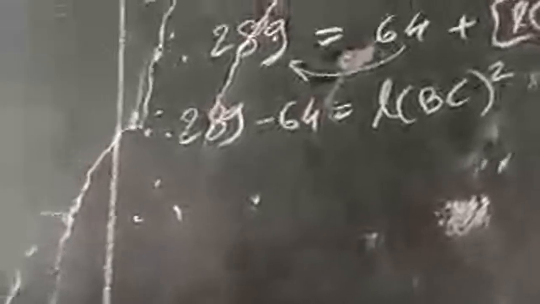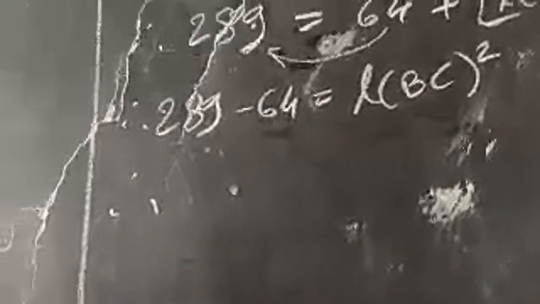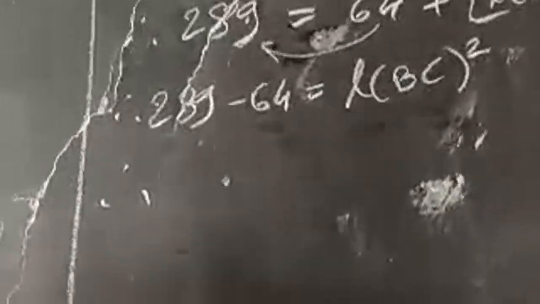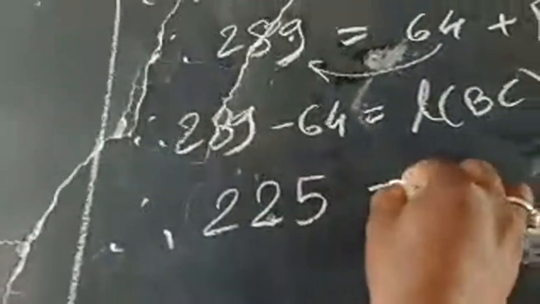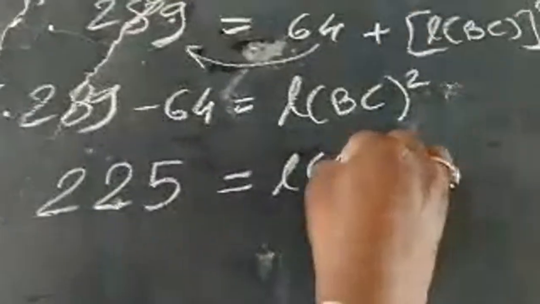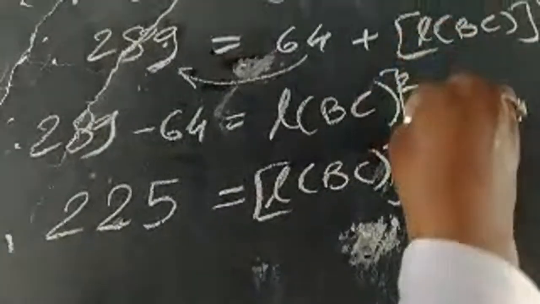Therefore, subtraction we get. What is the subtraction? 225 is the correct answer, is equal to length BC square.